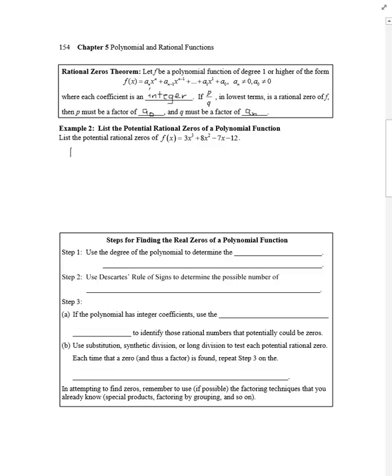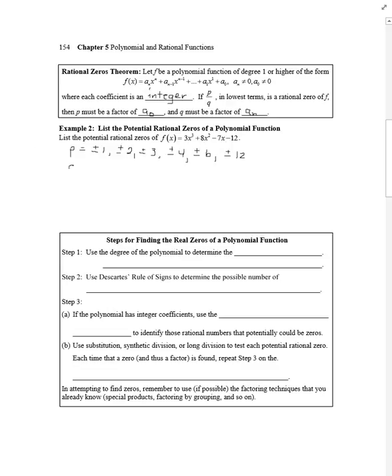So p is all the factors of negative 12, because that's our a sub 0 term. So that means plus minus 1, plus minus 2, plus minus 3, plus minus 4, plus minus 6, and plus and minus 12.